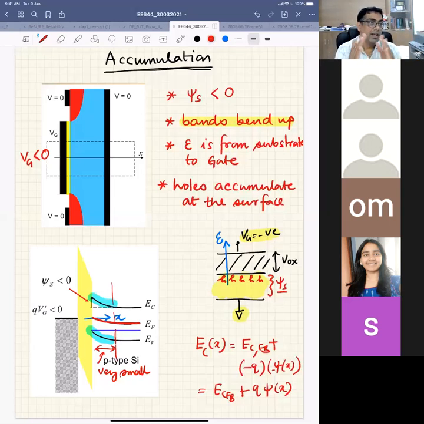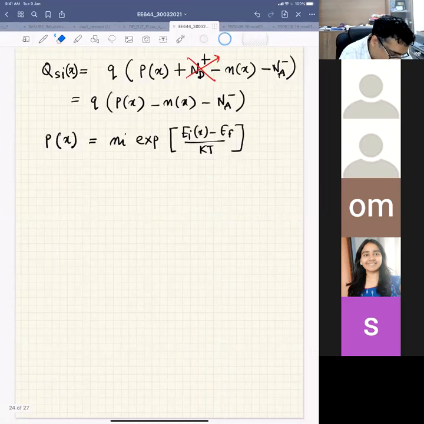The Fermi level will always be flat because I am not applying any voltage to the body, so there is no current flow in the x direction. If you see, the gap between Ei and Ef is increasing. At the surface this gap has increased, which means we have more holes. Holes accumulated.